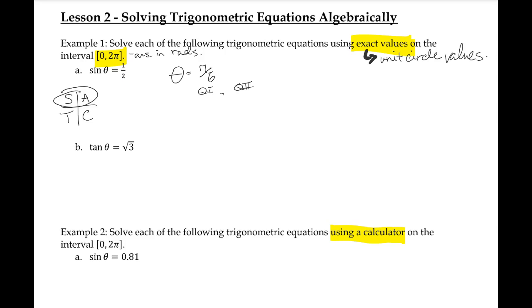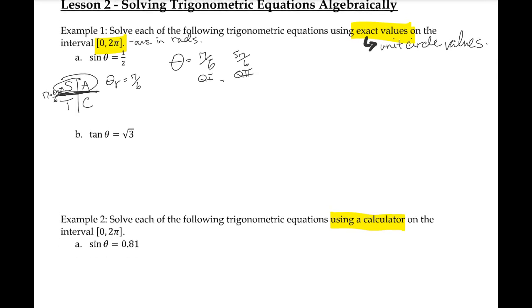That's kind of like my reference angle. Then in quadrant 2, I'm looking at 5 pi over 6. I get that by always measuring from the horizontal axis. If this is pi, that's the same as 6 pi over 6, and I'm taking away that reference angle of pi over 6. That's how I get that.